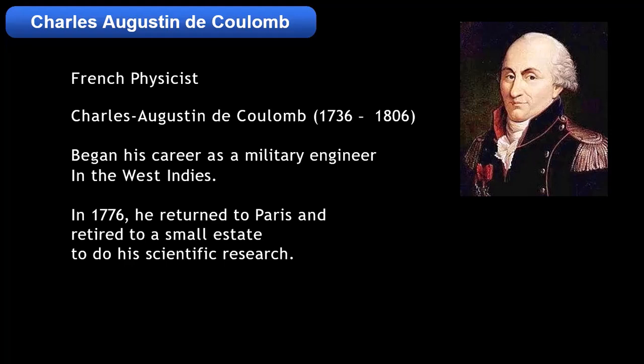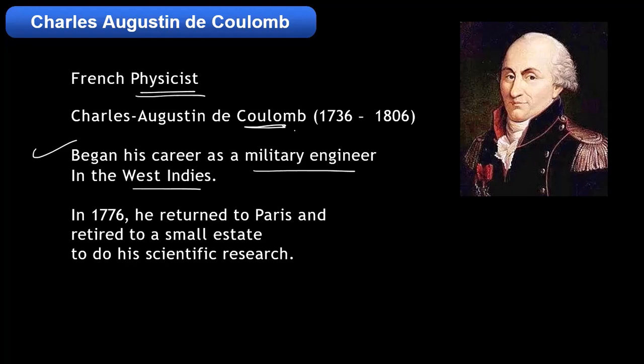Now with this understanding, come to the concept of Coulomb. I am going into the quantity which is responsible for moving charge, that is force. So first we discuss the force. Who discovered that particular force? That is Coulomb. Coulomb was a physicist. He began his career as a military engineer in the West Indies.